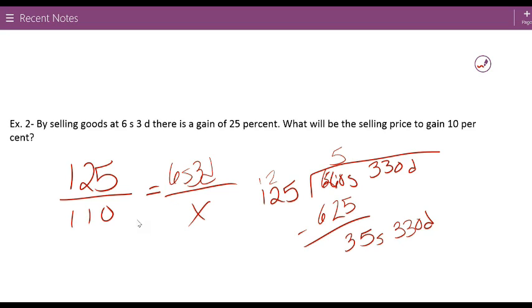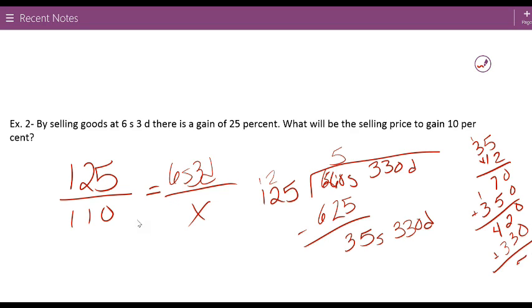We know that there are 12 pence in a shilling, so we have 35 times 12. It ends up with 420 there, plus our 330, which gives us 750 pence.